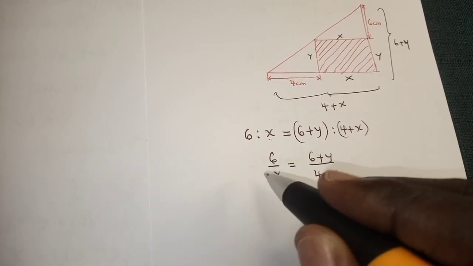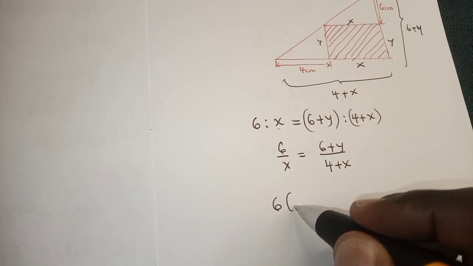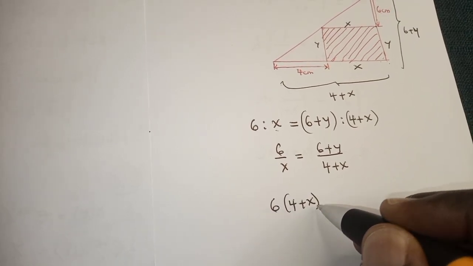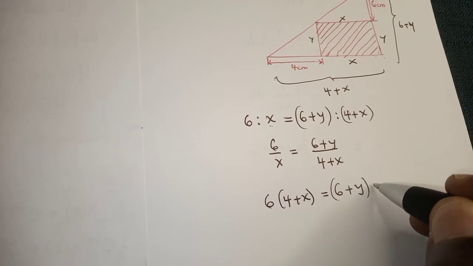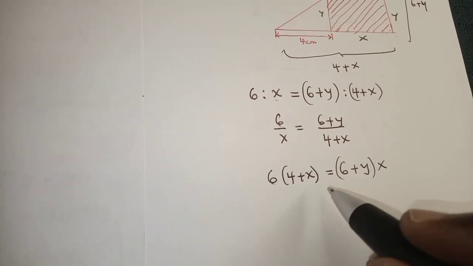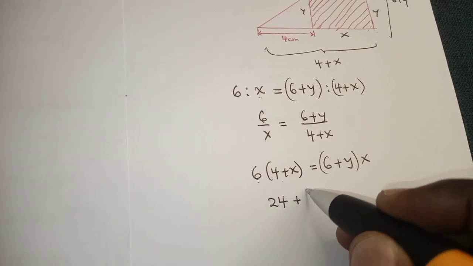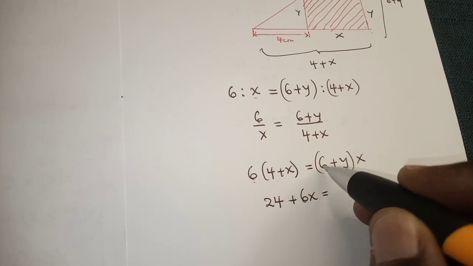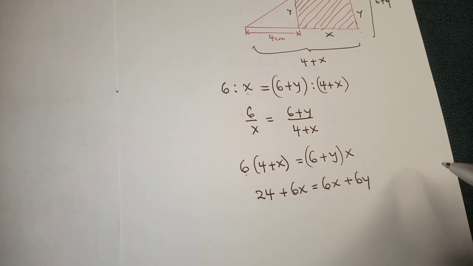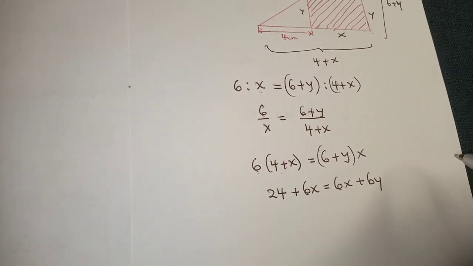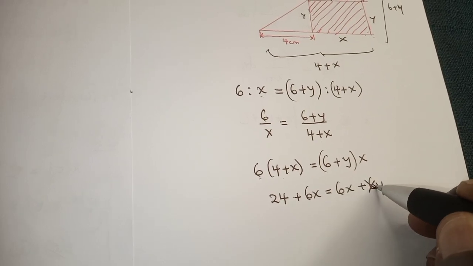So we multiply through by the LCM, so we have 6 multiplied by 4 plus x equals 6 plus y times x. So this would be 24 plus 6x equals 6x plus, sorry, x times this, plus xy.